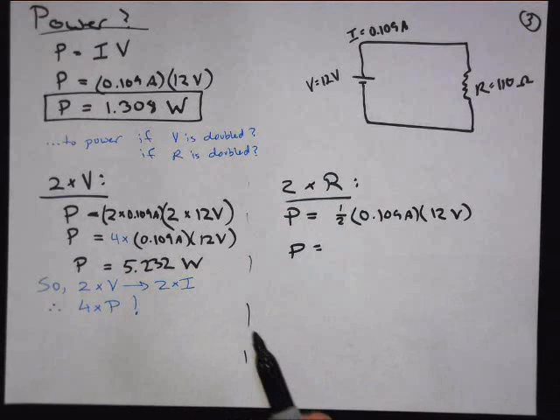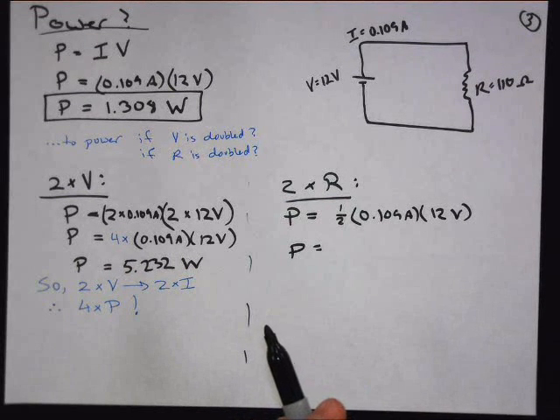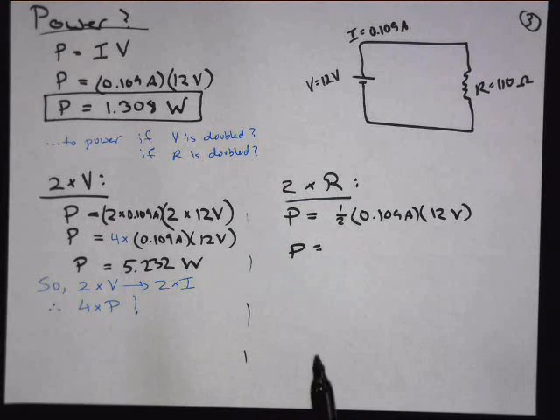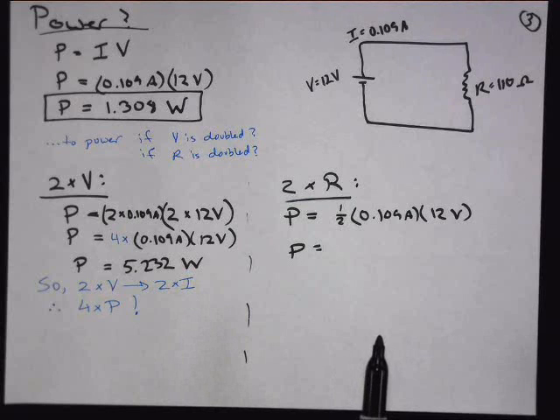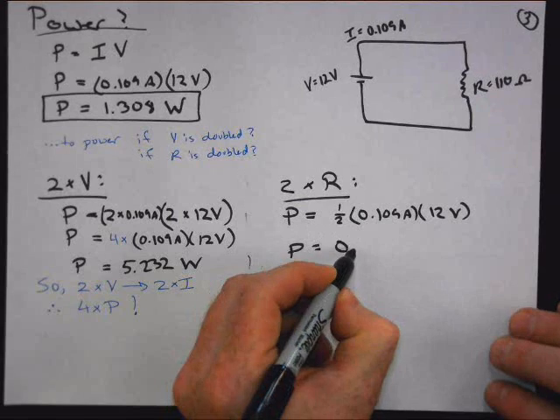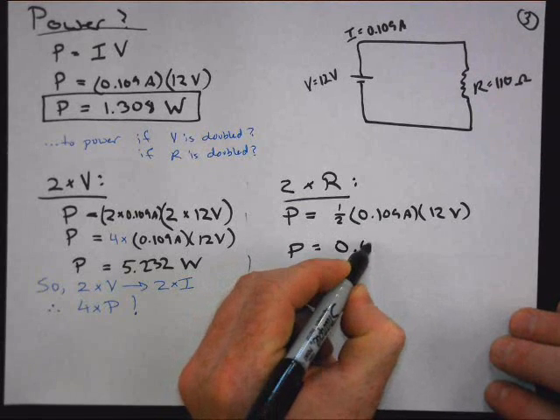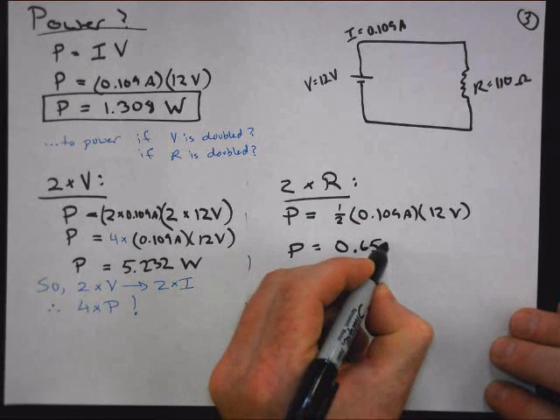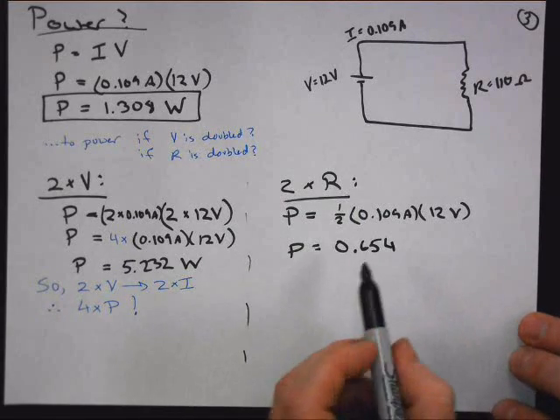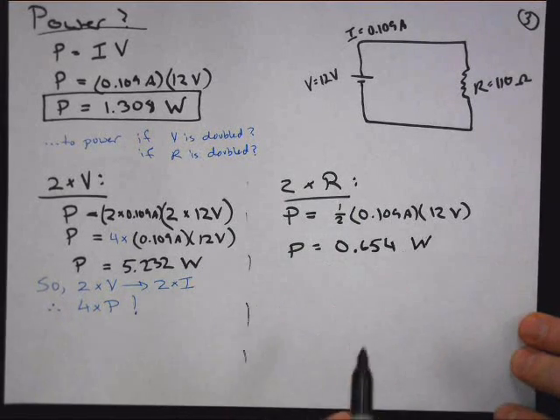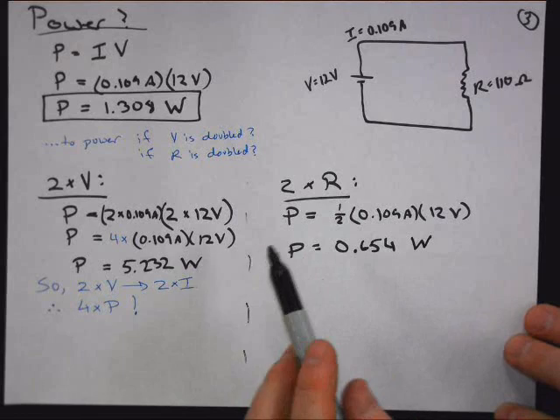So what do we get here? Come on, calculator. I shouldn't have dropped you. I'm so sorry. Please work for me. 1/2 times 0.109 times 12. My calculator decided to work for me. It was nice. Okay, so we see the power now.